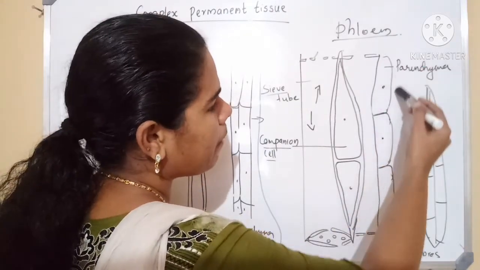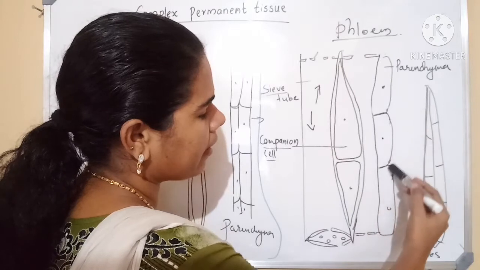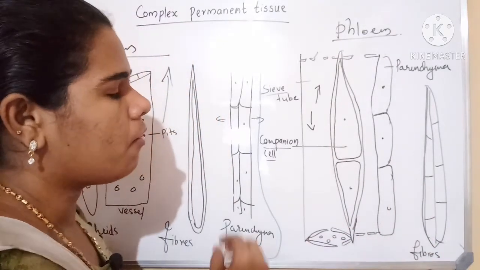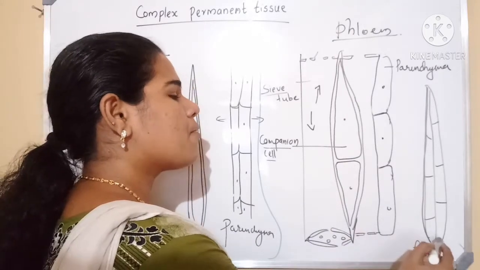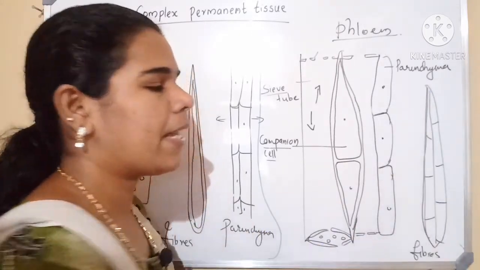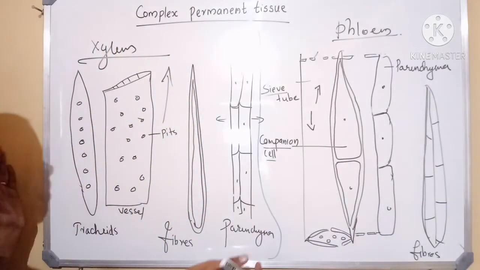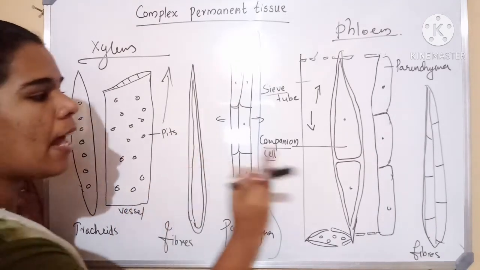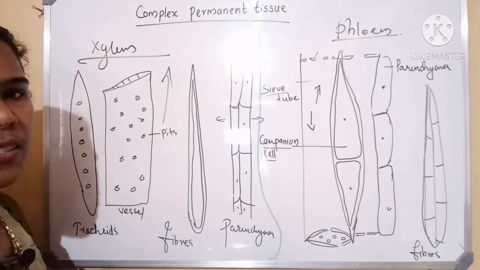The phloem parenchyma also helps sidewise movement of food items, and these fibers provide mechanical support. So this is the structure of xylem elements and phloem elements.